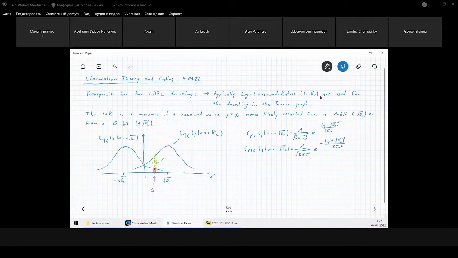It's written down here. From this, we could basically get our probabilities. So for example, the green one here, let's write it down like this.